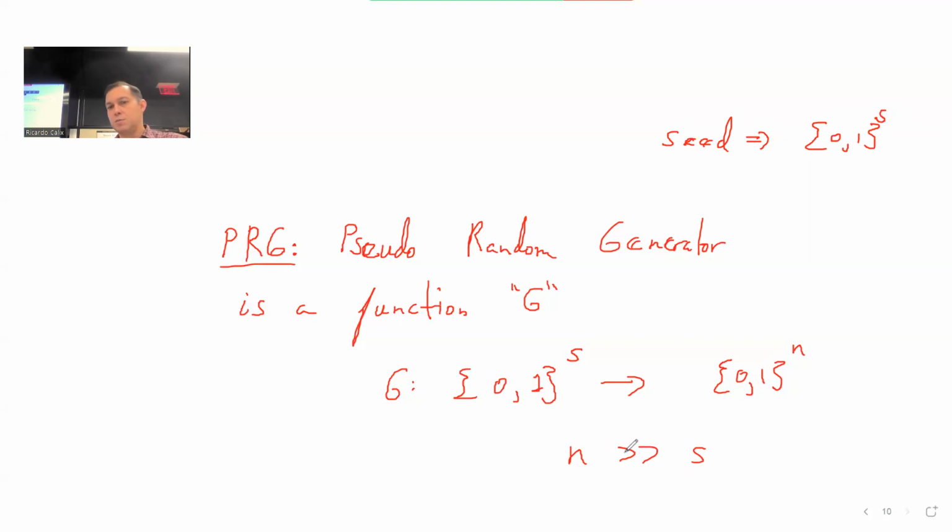This symbol just means greater than, and when you put two, it means much greater than. So it takes a seed of length S of zeros and ones, and the function G maps the seed string to a much larger pseudo-random key. And that's why it's called pseudo-random.